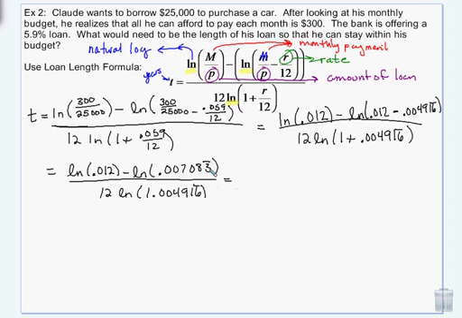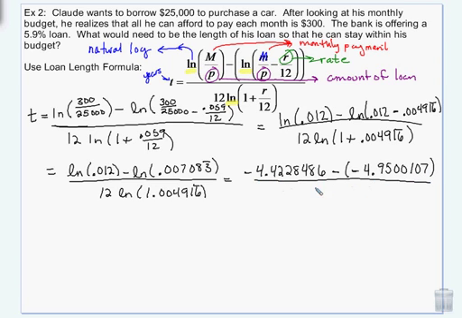Then I have to take the natural log of 0.012, which is negative 4.4228486, minus the natural log of 0.007083 repeating, which is negative 4.9500107. And then I have 12 times the natural log, so I have to take the natural log again of 1.004916 repeating.